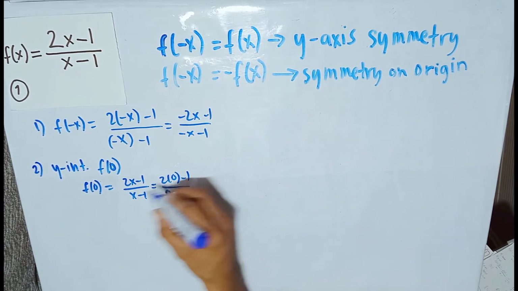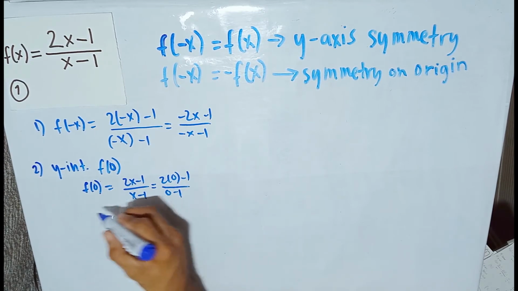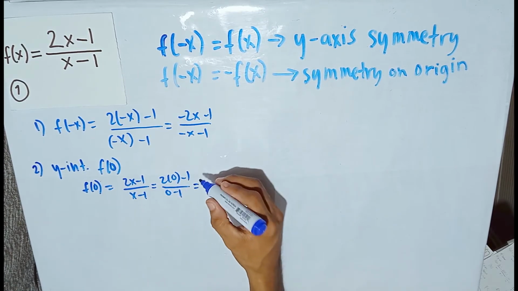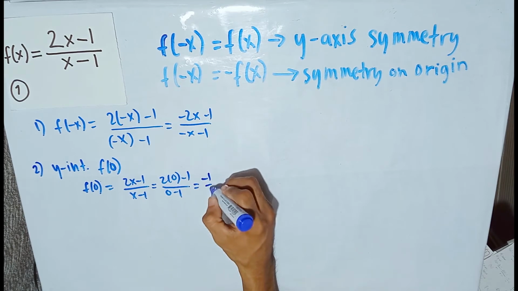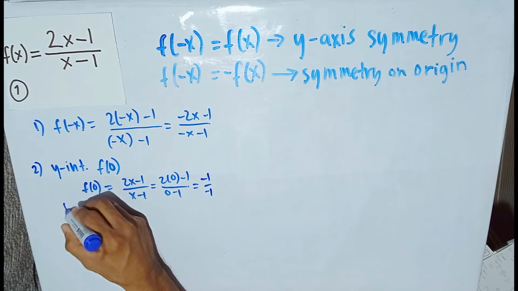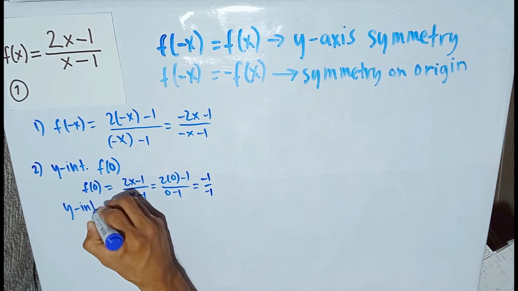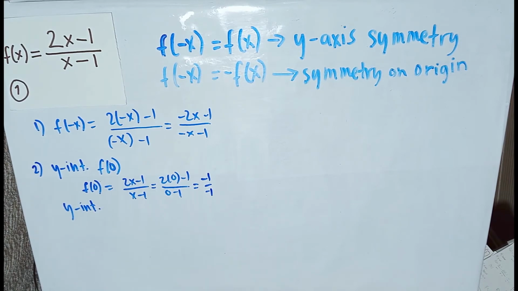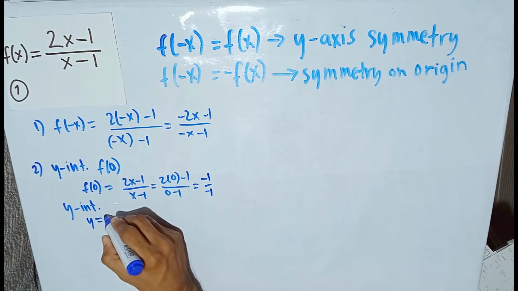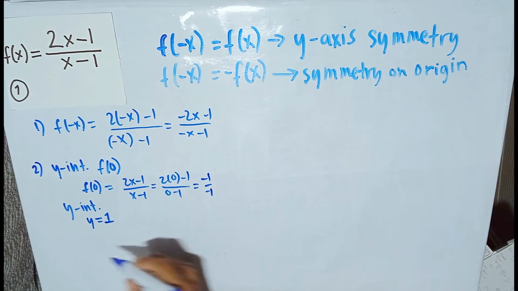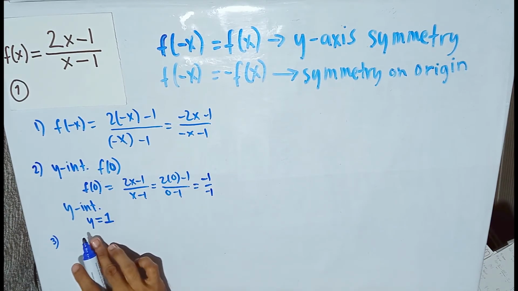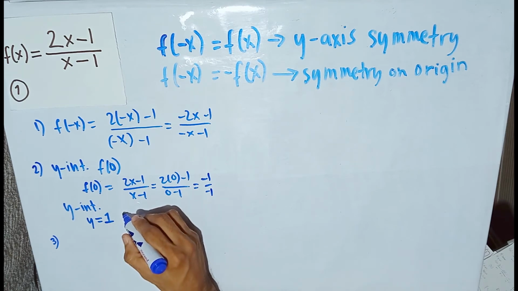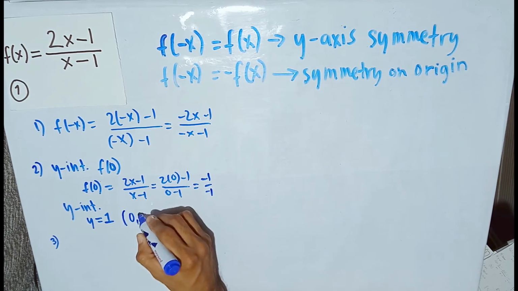So our y-intercept is negative 1 over negative 1, or simply y is equal to 1. So meron na tayong y-intercept na 1, ibig sabihin yung ordered pair natin dyan is 0 and 1.